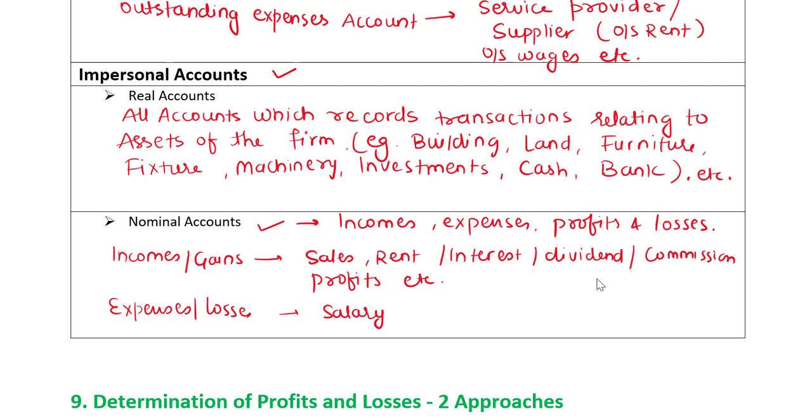Salaries paid, wages paid, rent paid, insurance, bad debt or depreciation. You can also write discount allowed, etc.